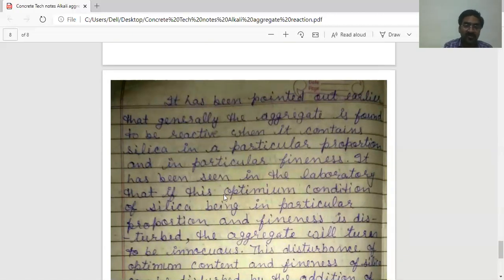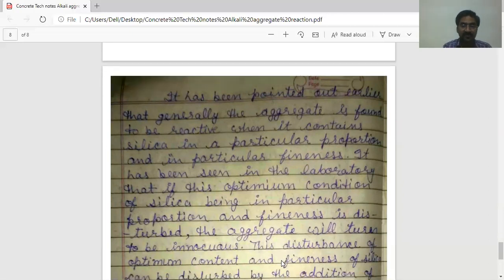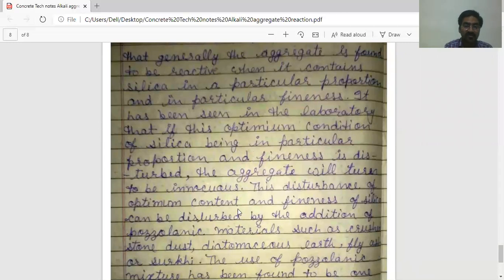It has been seen in the laboratory that if this optimum condition of silica being in particular proportion and fineness is disturbed, the aggregate will turn out to be innocuous. This disturbance of optimum content and fineness of silica can be achieved by the addition of pozzolanic material.